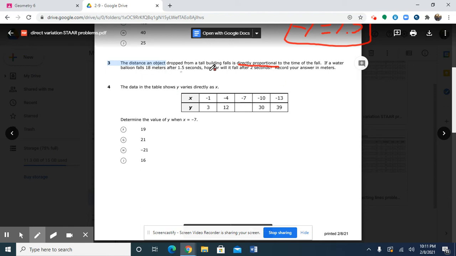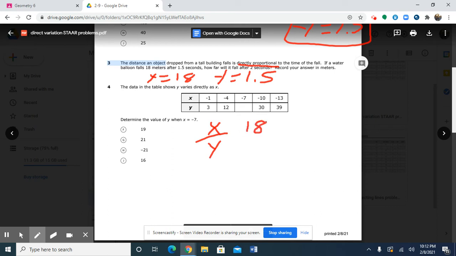Now we can assign values here and say that x is equal to 18 meters and y is equal to 1.5 seconds. And again, we can either do x over y or y over x. In this case, I'm going to do x over y again. The reason why is because that's how we would find how much it falls in meters per second.